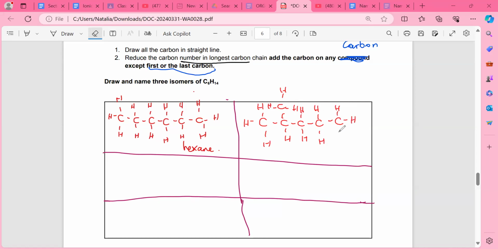So the name of this isomer: my longest carbon chain has 5 carbons, so it would be pentane. Where's my methyl? On the second carbon.